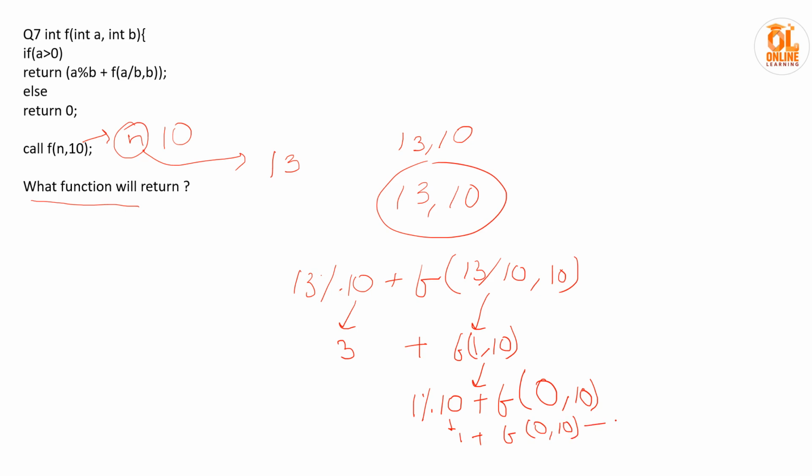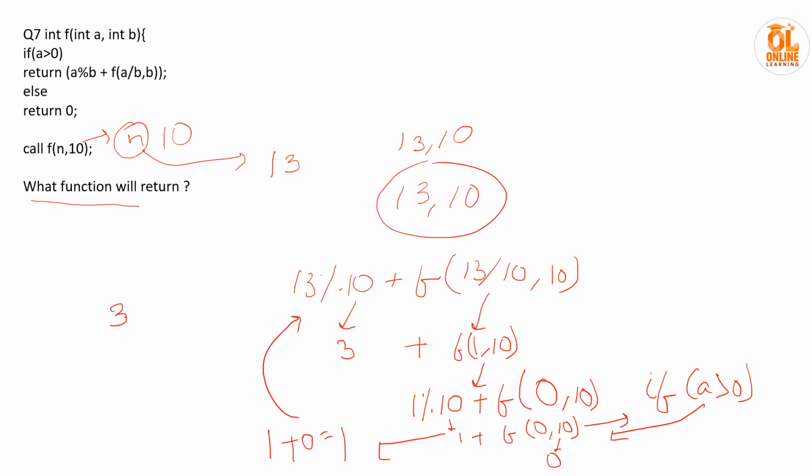When this will be called, the condition will fail because it is given if and only if a is greater than 0. If a is not greater than 0, it will return 0. So it will return 0. So we will have 1 plus 0 from here, that is 1. This will return to this, it will return 3 plus 1 equal to 4.